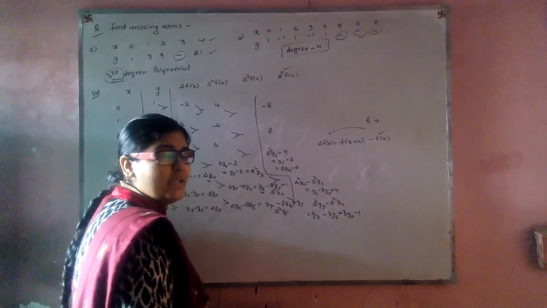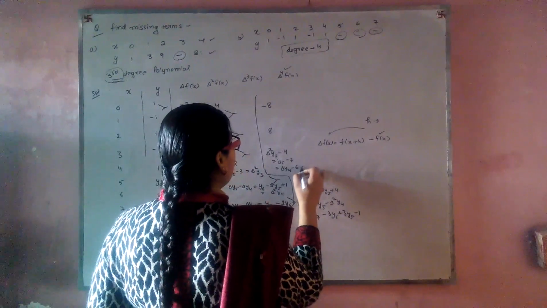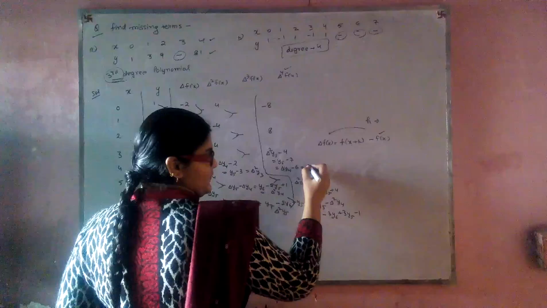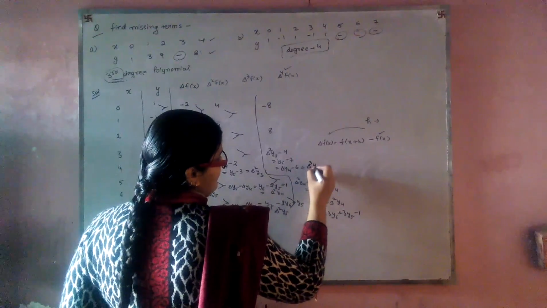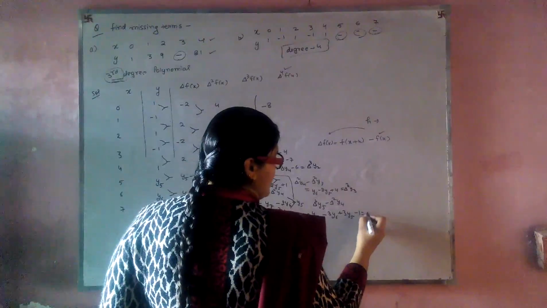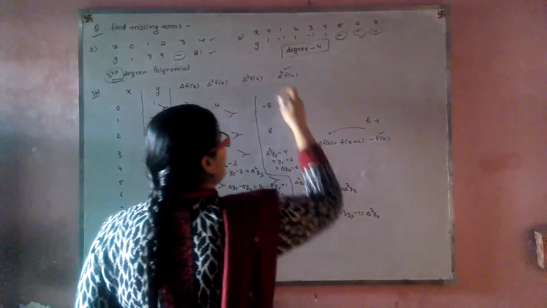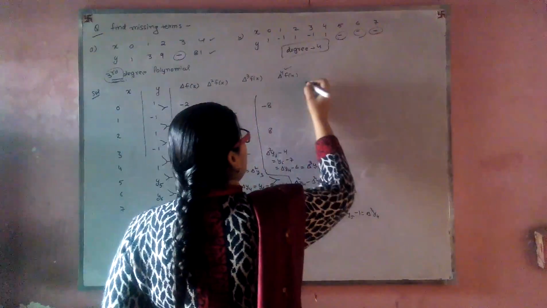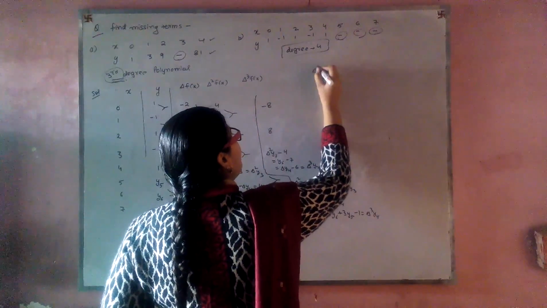Is it okay? In the second form it can be written as delta 2 y3 and delta 2 y2, so it becomes delta 3 y2, delta 3 y3, and delta 3 y4. Okay.